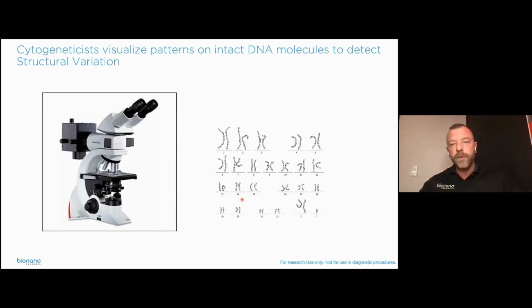So you break open the cells and look at the chromosomes with a microscope, and you visualize patterns on these intact DNA molecules. And when you see changes in these patterns, for example, a pattern is flipped around, or a pattern moves from one chromosome to another chromosome, then you detect that as a structural variant. That process is manual, takes a lot of time, but that is still the standard of care.